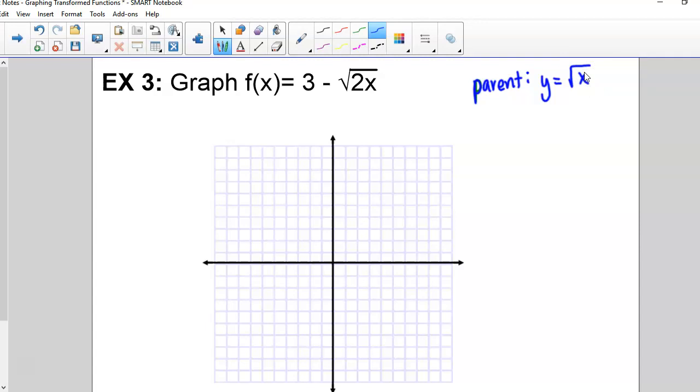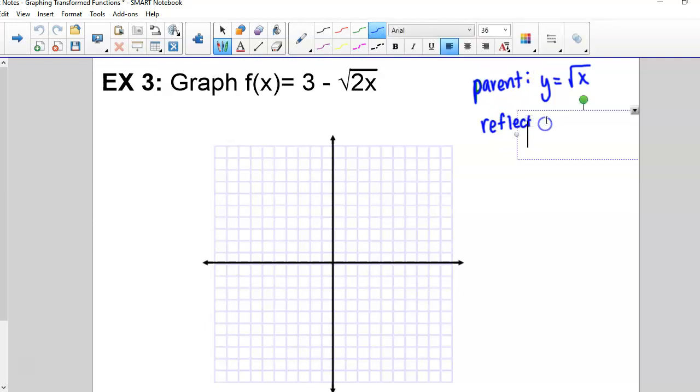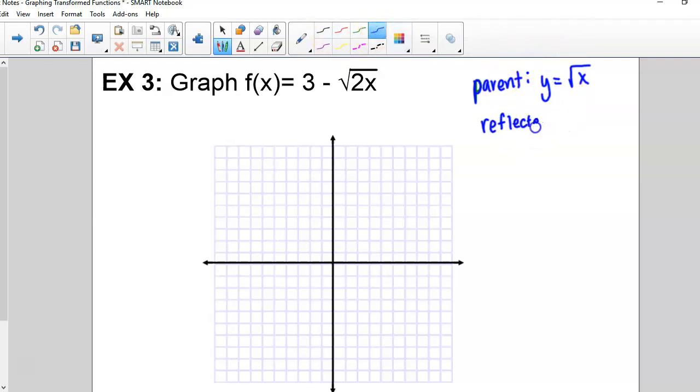So, Raphael, tell me one thing that happens to this graph. Good. Reflected over the x-axis.